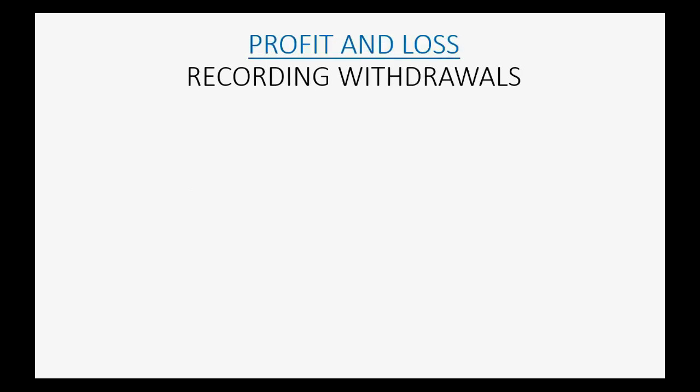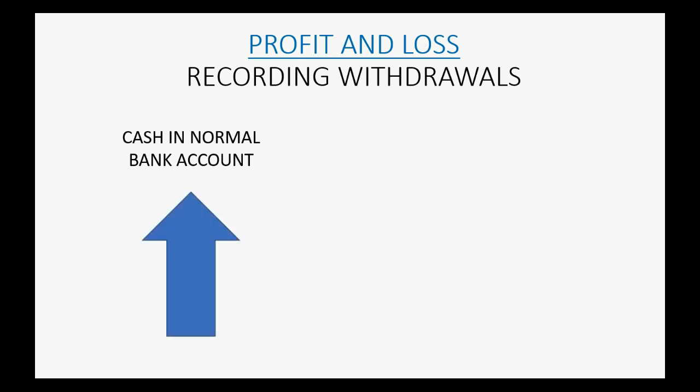Now, what happens when you withdraw from a retirement fund? Well, the effect on your profit and loss is as follows. The cash in the normal bank account will increase because you took money from the retirement fund and you put it into your normal bank account.